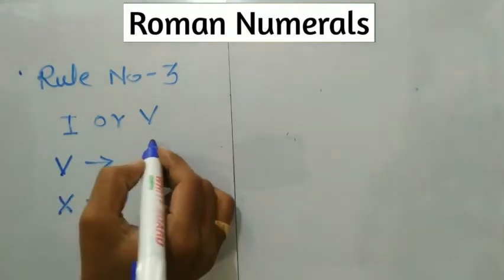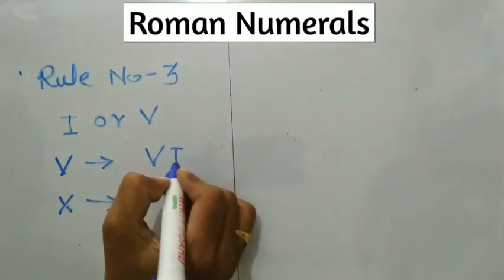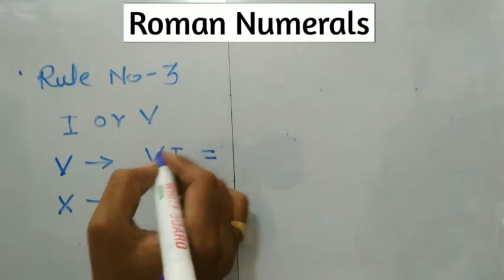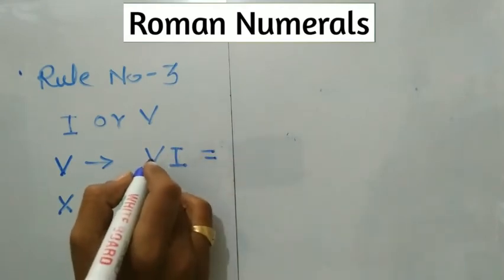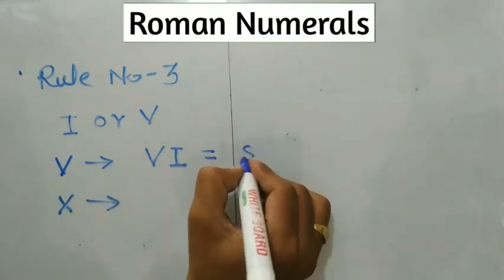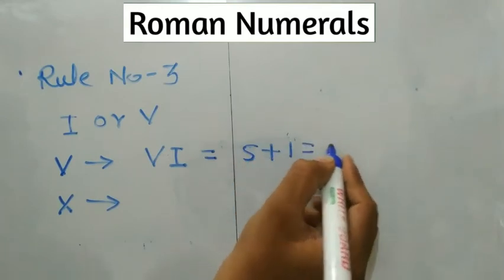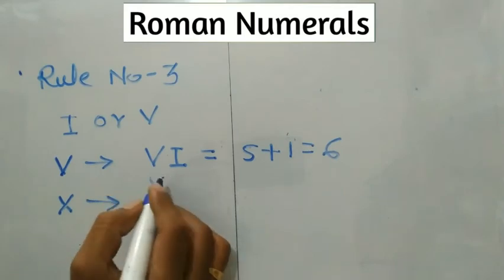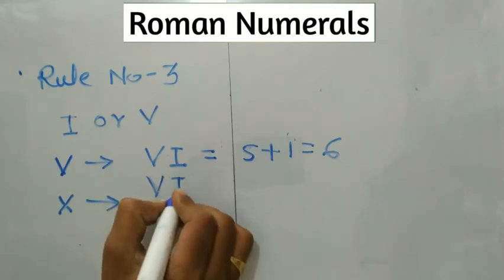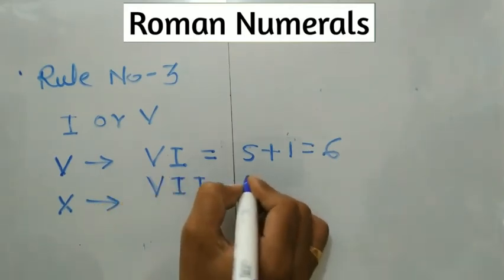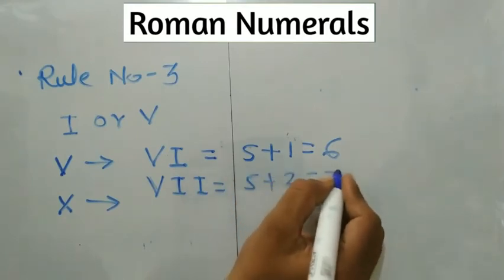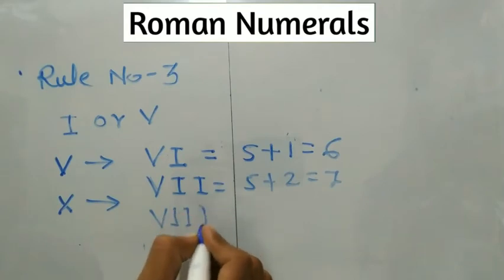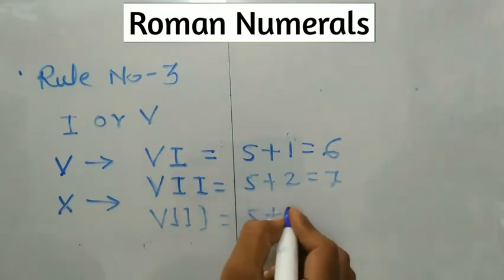If we write I on the right of V, the value of this I will be added to the value of this symbol V, like this. The value of V is equal to 5, the value of I is equal to 1, therefore it becomes 6. So we can write VII, which is 5 plus 2, 7, and VIII, 5 plus 3 is equal to 8.